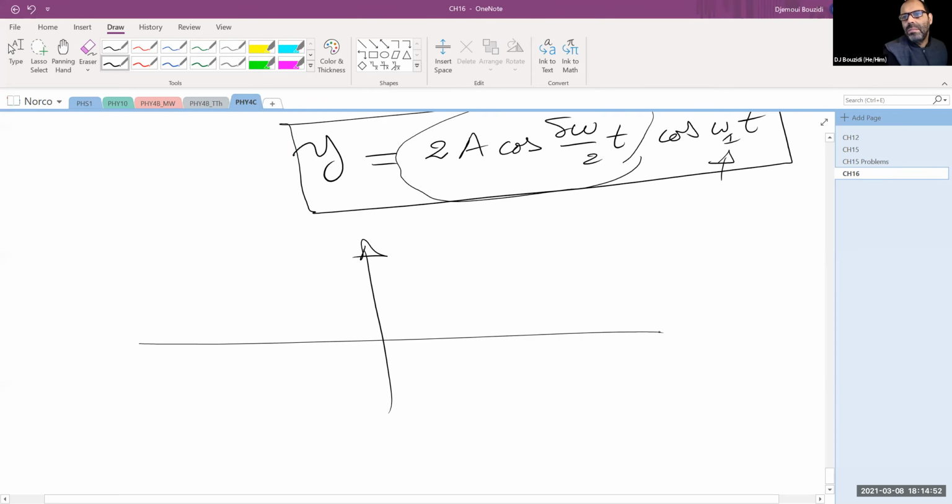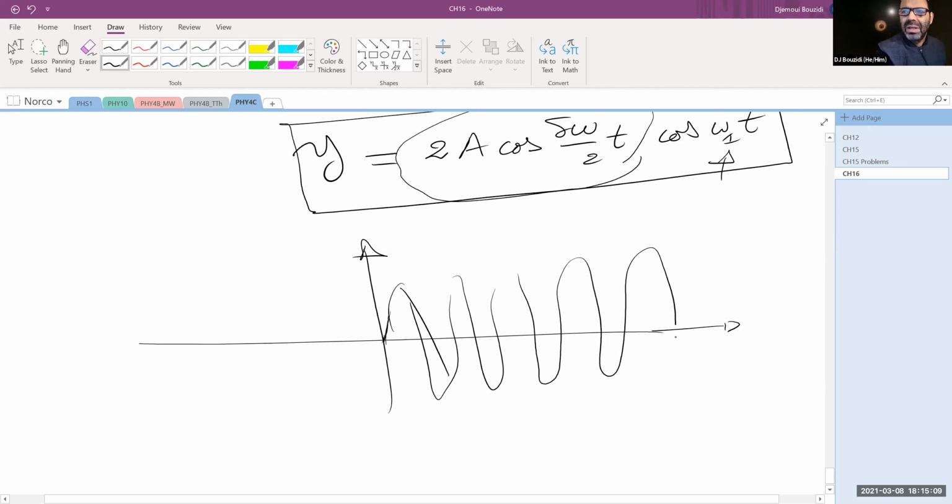For my ear, it's going to perceive the main frequency, which is usually a high frequency. I'm going to use a cosine. But its amplitude is not constant, so this is if it were a constant amplitude.